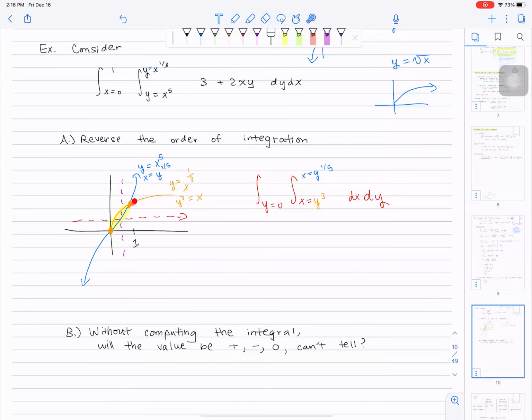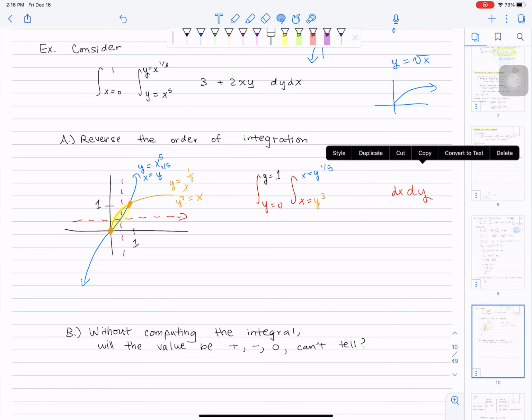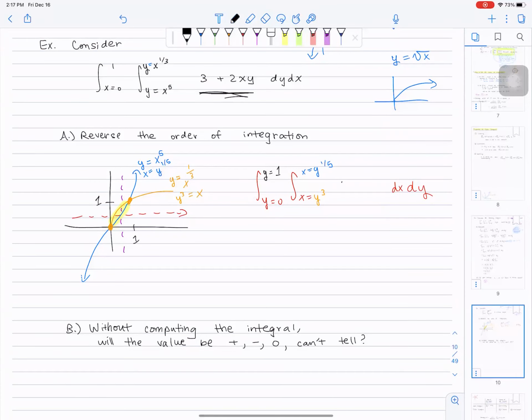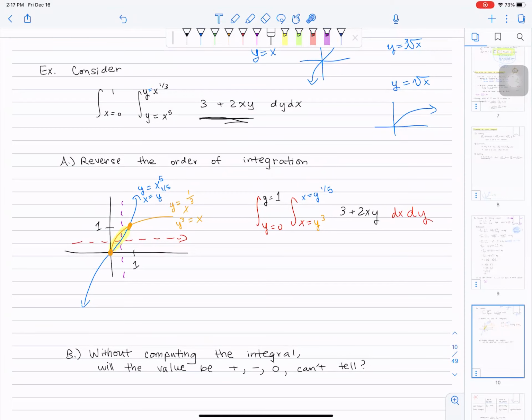Largest y value is whatever this point is. What is that point? Well, it has an x value of 1, which means when I plug it in, y should also equal 1. So that means my upper bound is y equals 1. And then I keep my integrand the same, this 3 plus 2xy. So that's how I reverse my order of integration.